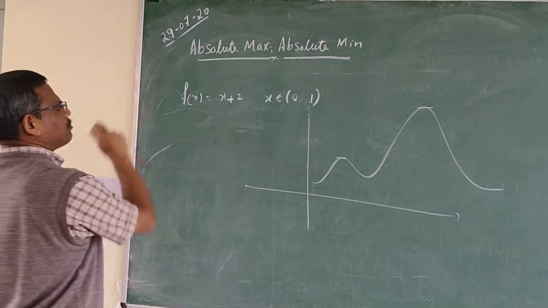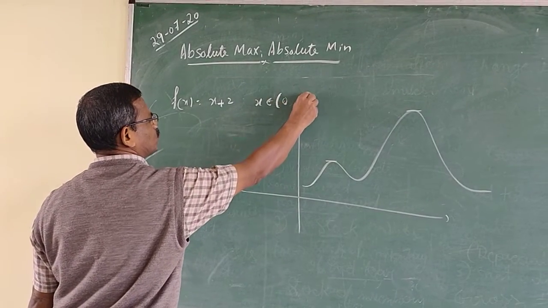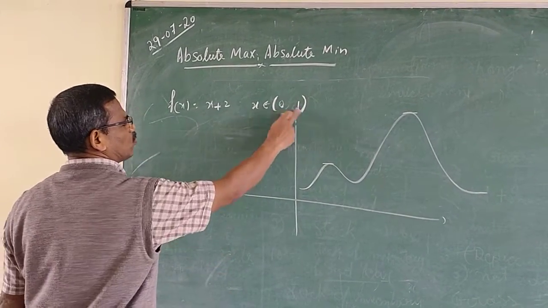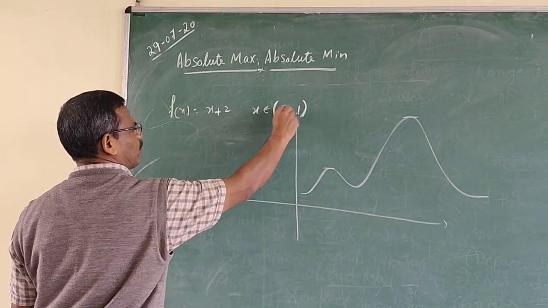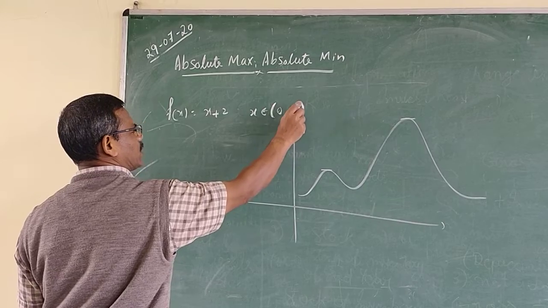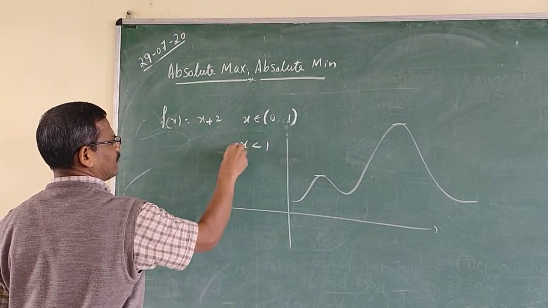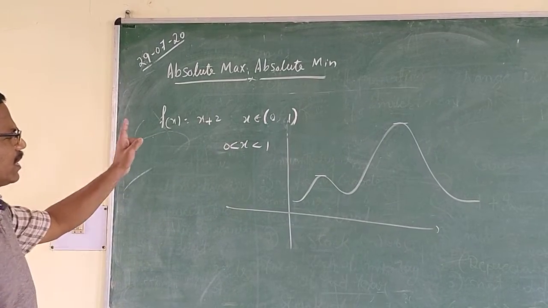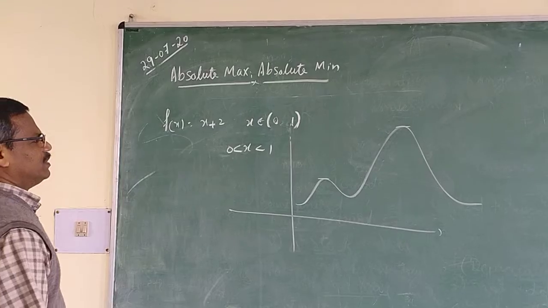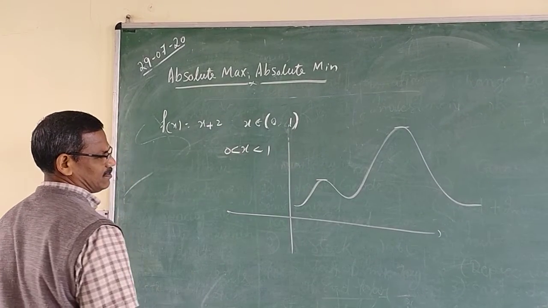When you discuss local maxima, the interval is the open interval 0 to 1. And in an open interval, 1 is not a point of this interval. It is actually x less than 1 and greater than 0. So if you want to find the highest value, we need to take the highest value of this interval.